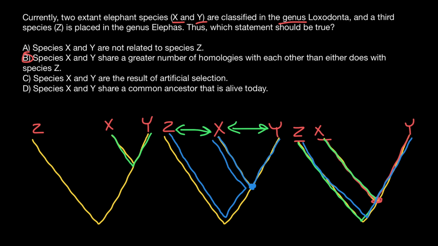So species X and Y in this phylogenetic tree are much closer than species X and Z.